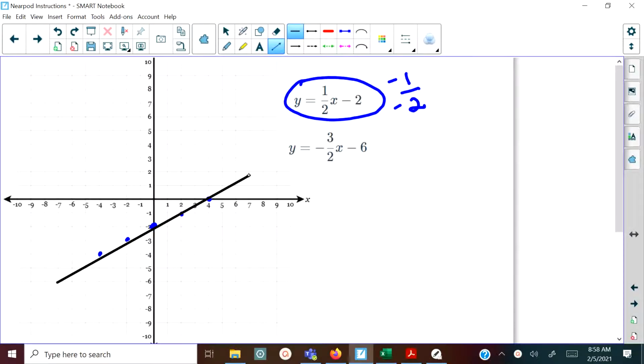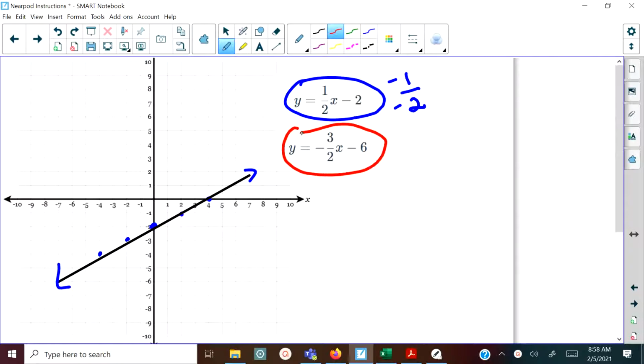Now we'll go ahead and do the other one. Alright, so this is a y-intercept of -6. Starts here. And the slope on that one is -3 over 2, or you could do 3 over -2.